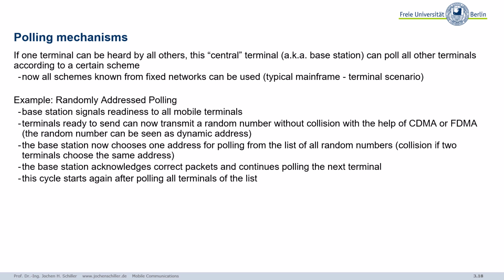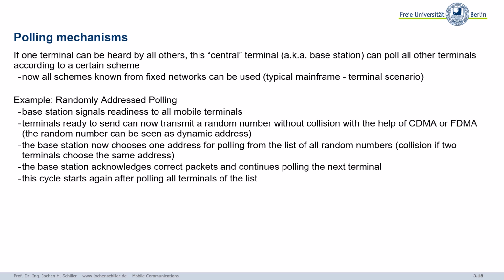For example, randomly addressed polling. So that, for example, the terminals, it's an interesting scheme, terminals send a random number with the help of whatever other scheme. We will learn how CDMA works, or you can actually send this random number using other multiplexing technology, like whatever students show random numbers.